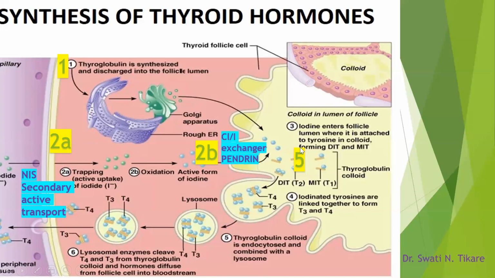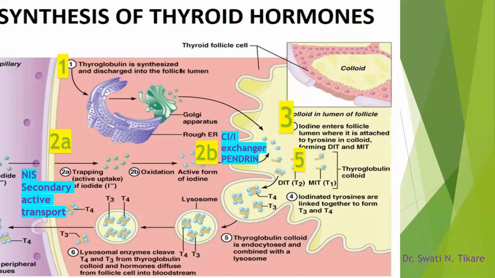By which mechanism? A chloride iodide exchanger. A molecule of chloride will come inside and iodide will go into the colloid, and it is named pendrin. So through NIS, the sodium iodide symporter, it enters from the blood into the follicular cell. Now, from the follicular cell, the iodide is moving into the colloid space by this pendrin. What is the third step?